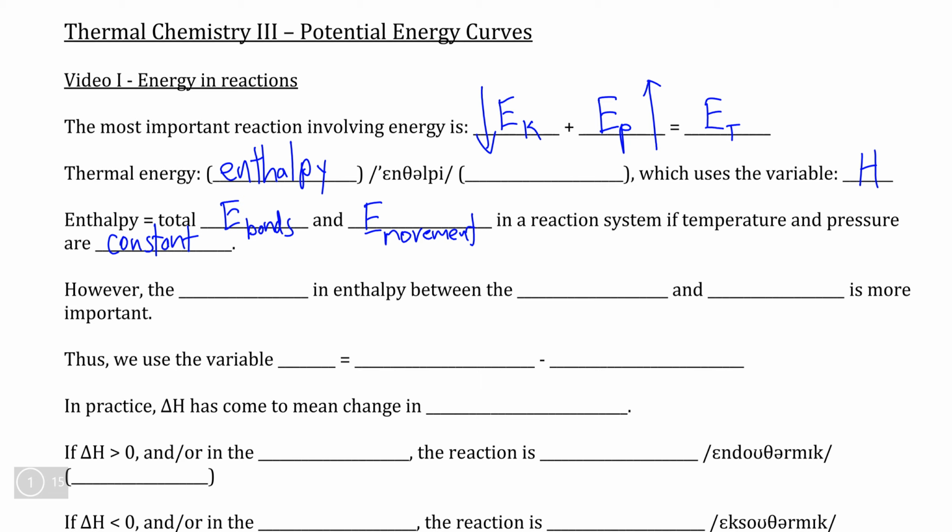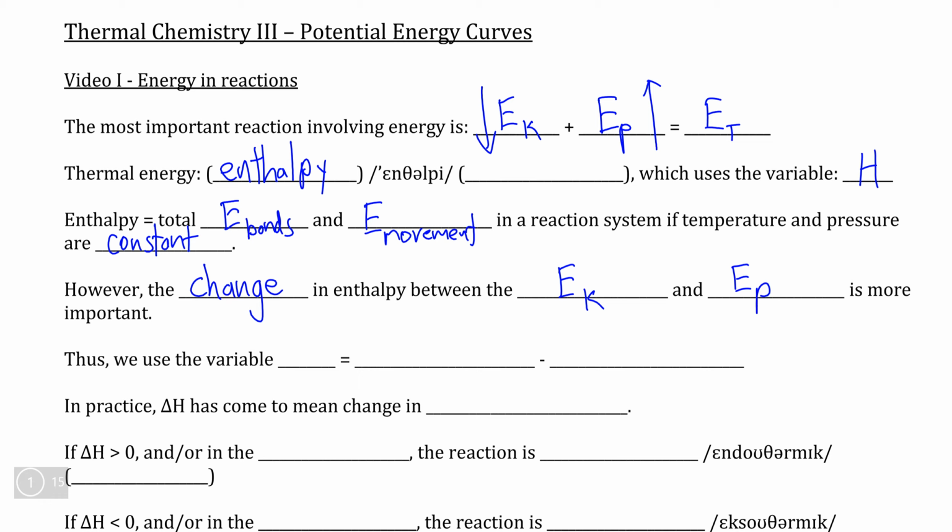However, enthalpy on its own, thermal energy, is relatively uninteresting to study because it remains constant. What is more interesting and useful to study is the change in enthalpy that occurs between the kinetic and potential energy of the reaction system itself, because this tells us the overall progression of how the reaction works.